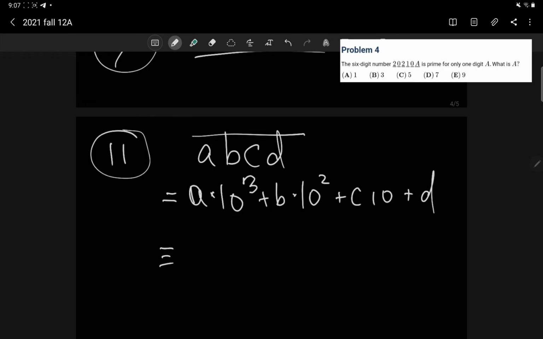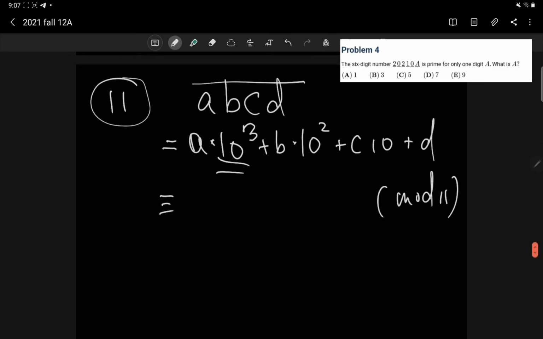Under modulo 11, this is very good, because 10 is just equal to negative 1.